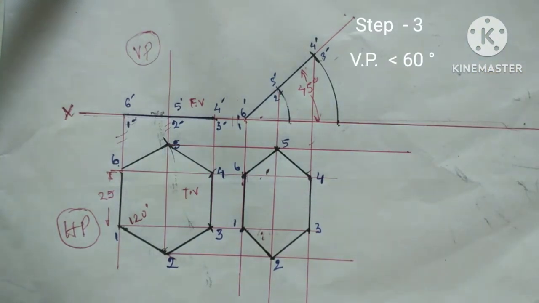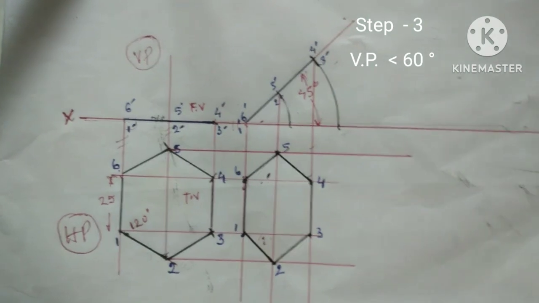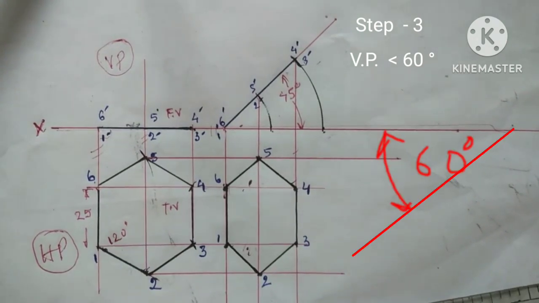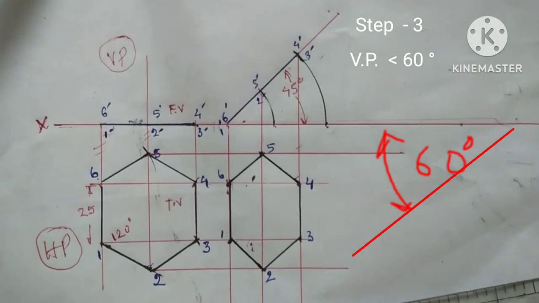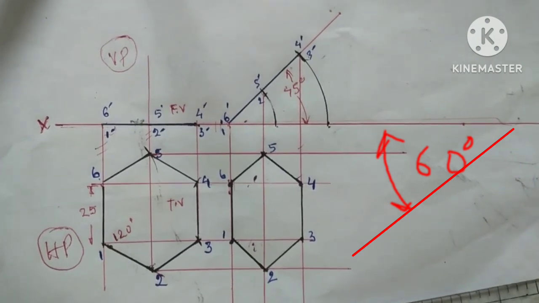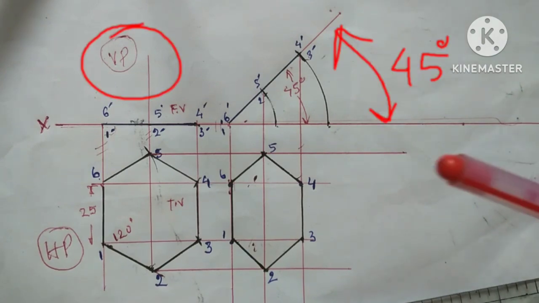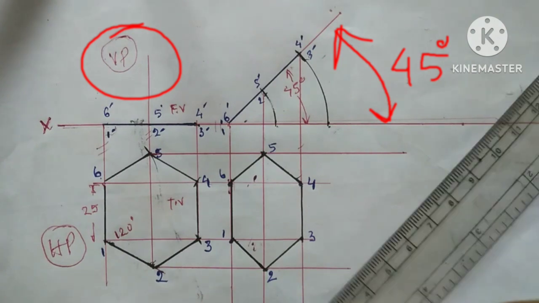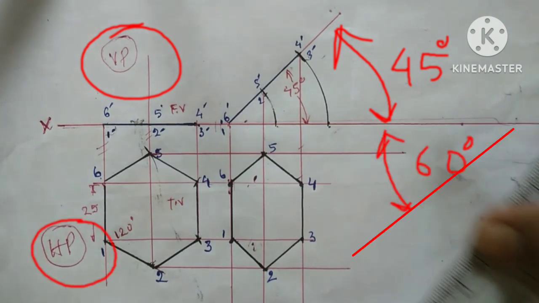Now step number 3, where we will draw the inclination of the hexagon with the vertical plane, which is 60 degrees. Now we will draw a 60 degree angle with respect to the ground line, because if you observe, the inclination with the HP we look at and draw on the VP, and on the other hand the inclination with the VP we look at and draw on the HP.